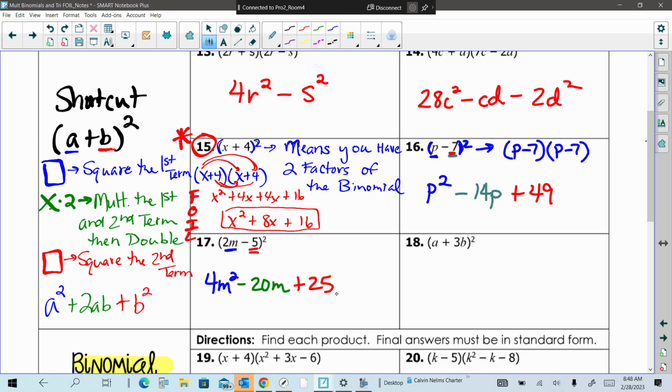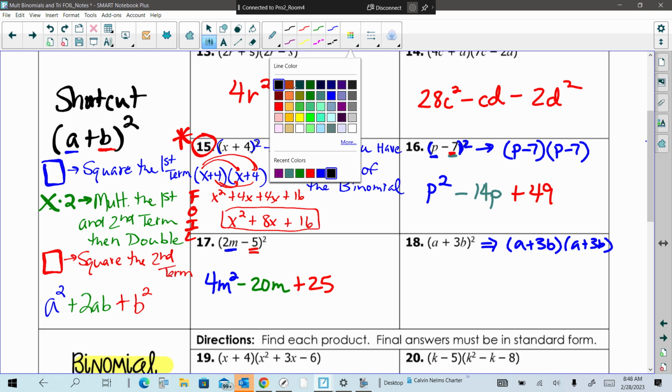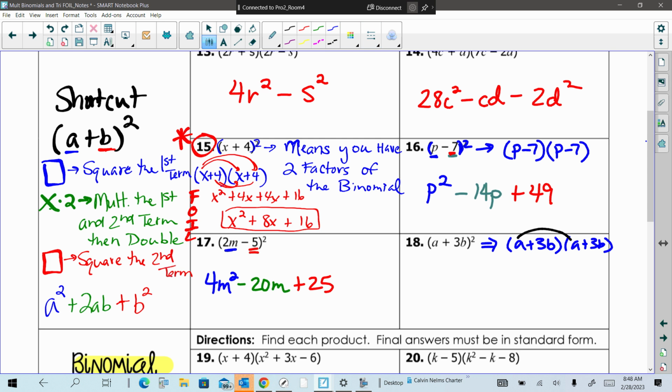Or you can just do FOIL. FOIL means you just have two factors of the grouping. So if I change this to a plus 3b times a plus 3b, and then we're just going back to FOIL. First term, a squared.